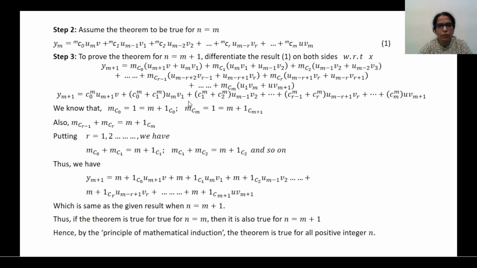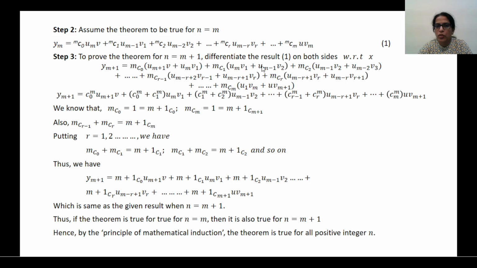Now we'll do grouping here. We'll take common terms. The first term is mC0 u(m+1) into v. Now observe the term v1; take v1 as common, and you will be left with mC0 plus mC1.